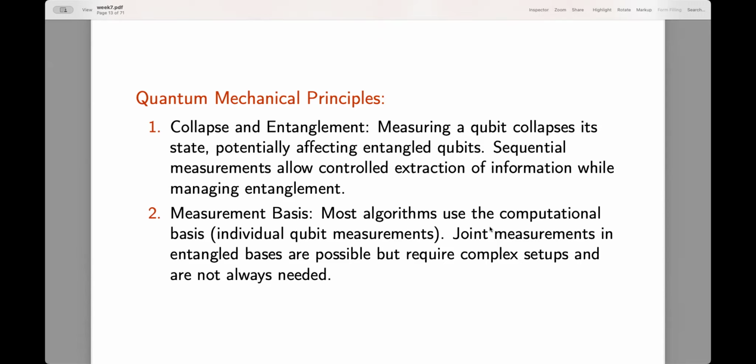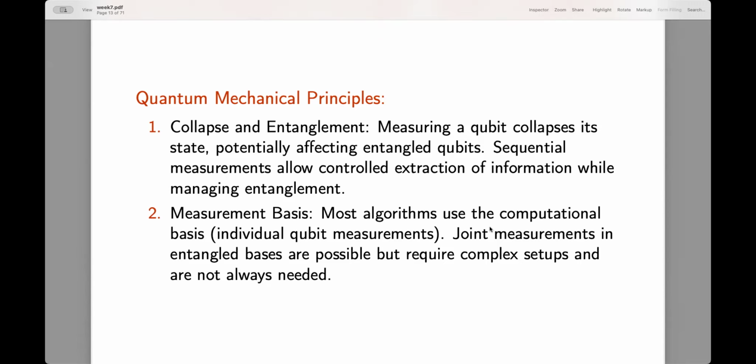So this means that if you're doing a joint measurement in an entangled basis on more than just one qubit, that can actually require complex setups and is not always needed. So when you run the experiment, you could think of having two isolated systems, and you know experimentally that I can act on one of the systems and perform my measurements on that.